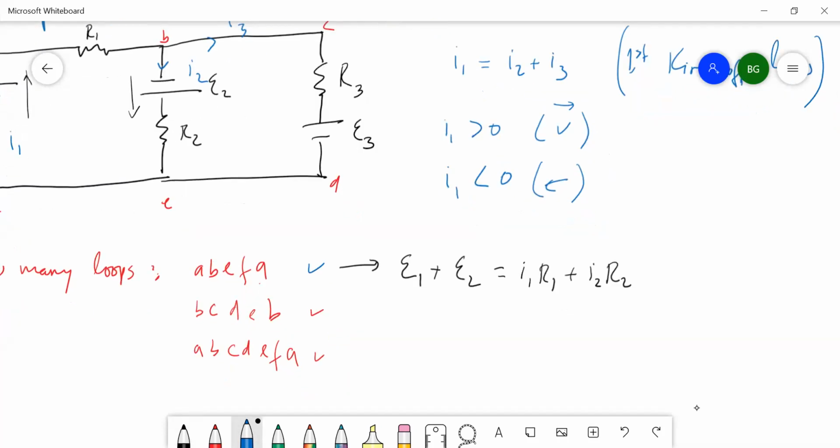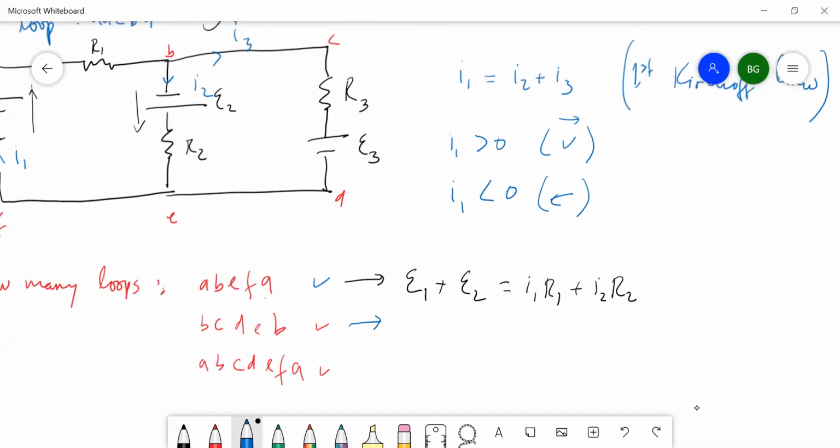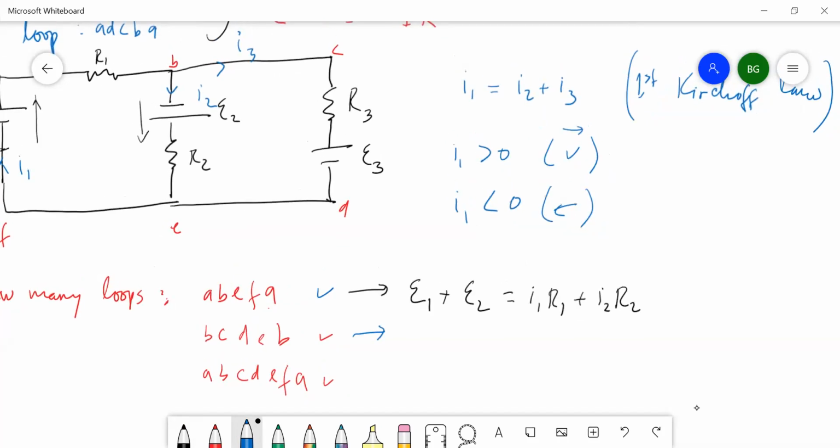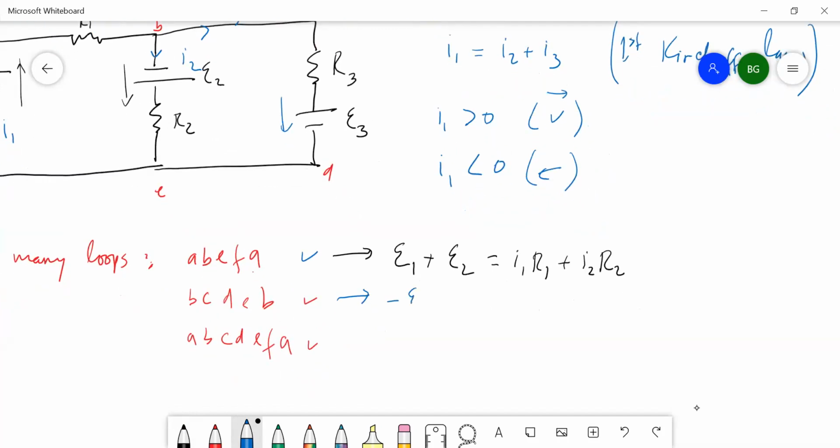What about this one? B, C, D, E, B. Okay, B, C, D. We get this is this one, so it should be negative. Then to this one, again negative.